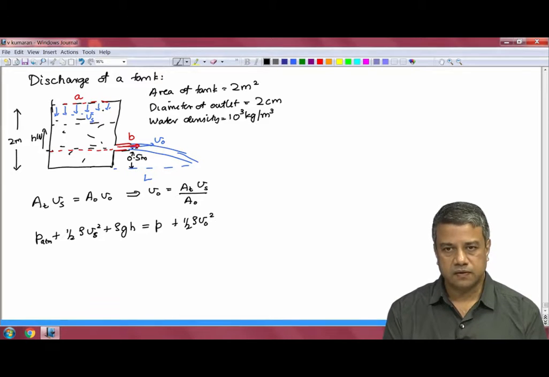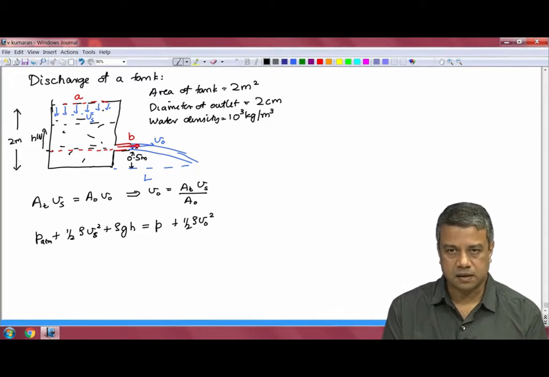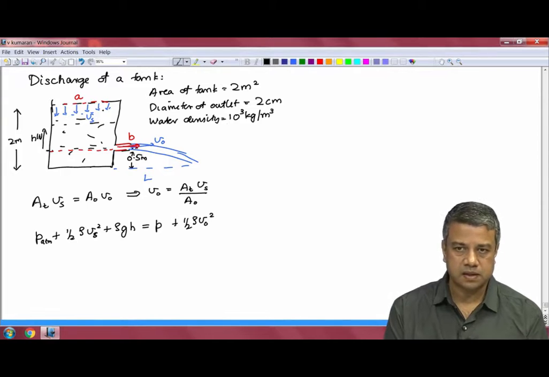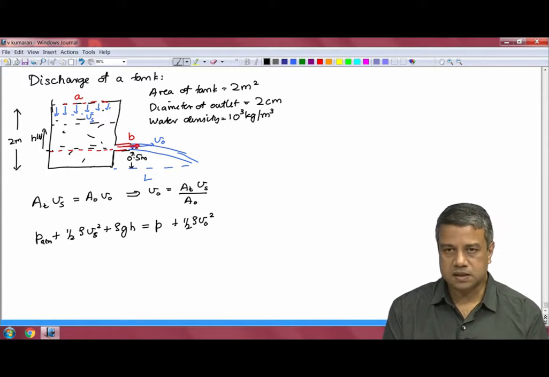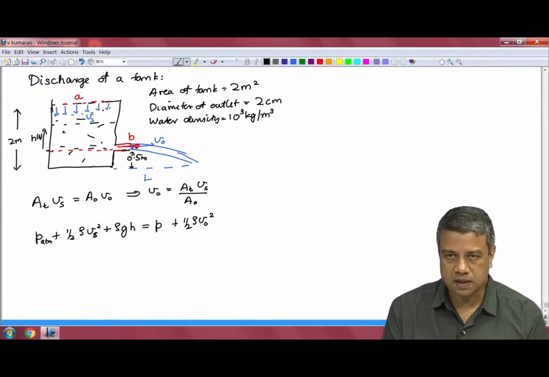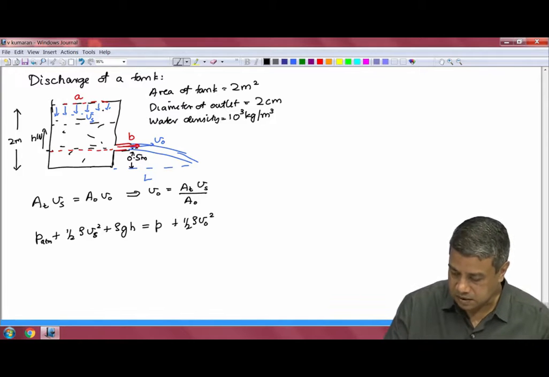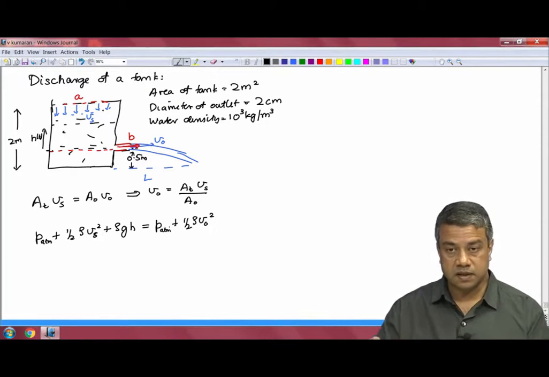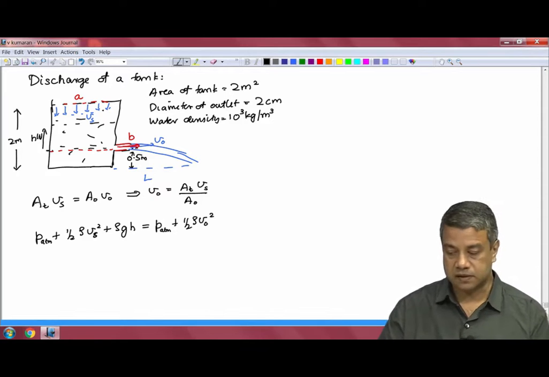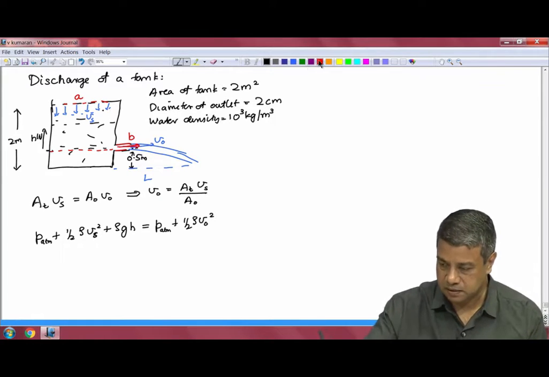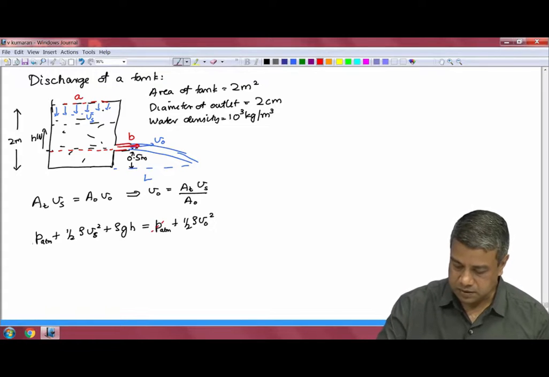Of course, within the tank, the pressure will be equal to the hydrostatic pressure, but when it just discharges into atmosphere, the pressure at the bottom will also be atmospheric pressure. Just after the fluid is discharged and it has a velocity V0, the pressure is going to be equal to the atmospheric pressure here as well. So, this atmospheric pressure cancels out on both sides.